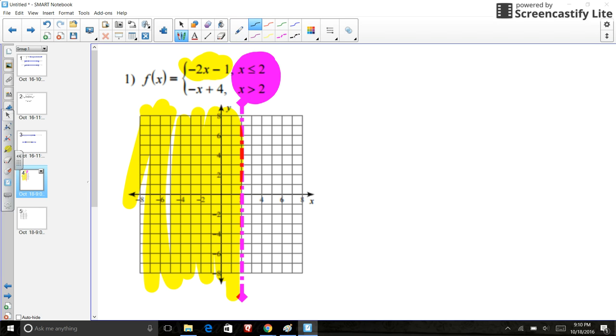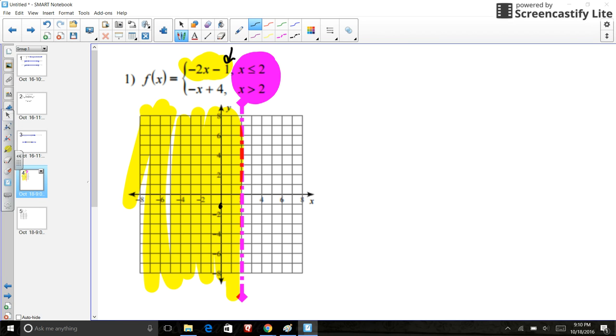So I have an x-intercept, and your y-axis is over here, so I can look right here and say, hey, my y-intercept is negative 1. That's within the yellow side, so I'm going to put my dot at negative 1.